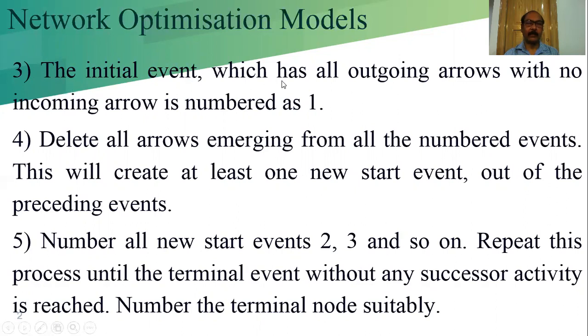The initial event, which has all outgoing arrows with no incoming arrow, is numbered 1. That means the starting event should be numbered 1. Delete all arrows emerging from all the numbered events. This will create at least one new start event out of the preceding events.